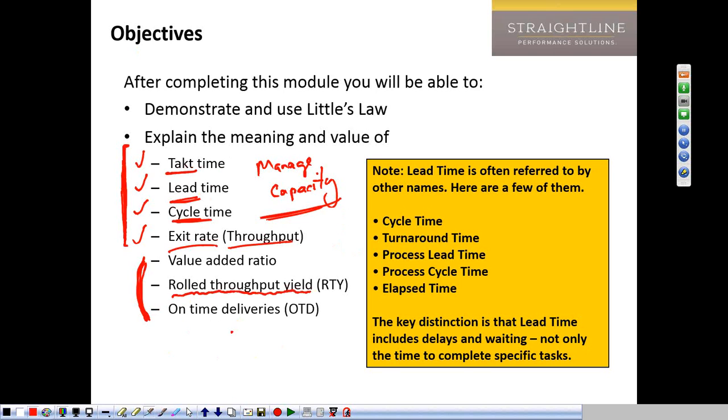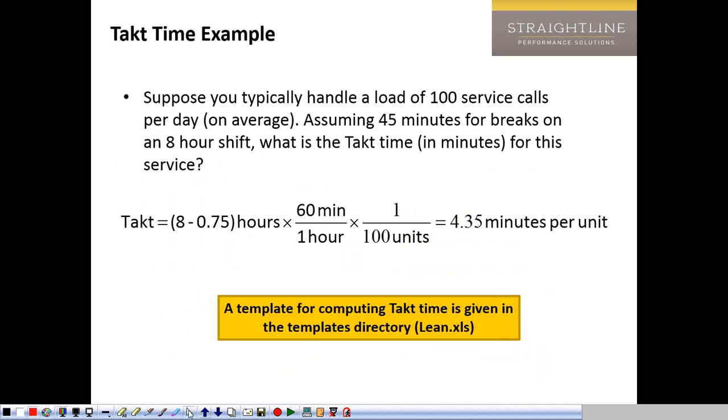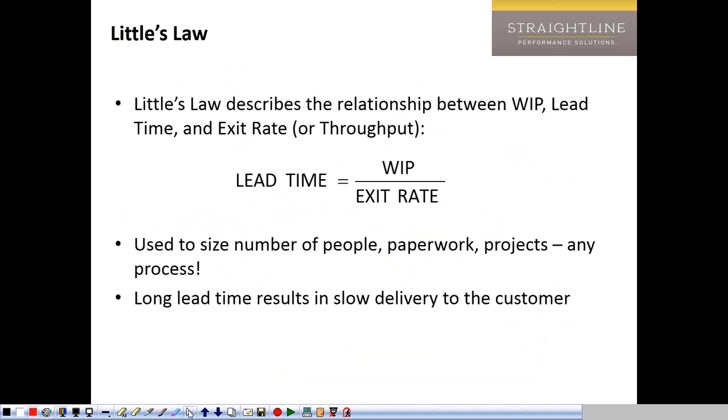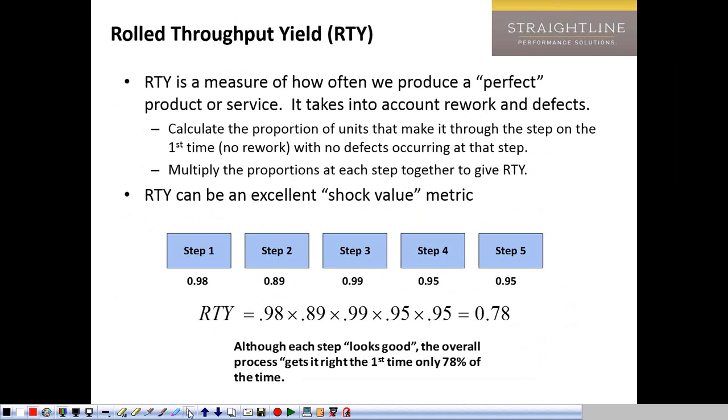And then I want to show you rolled throughput yield right now, and that is on slide, oh goodness, I can't see the slide number. It's on slide 26 if you're following along.